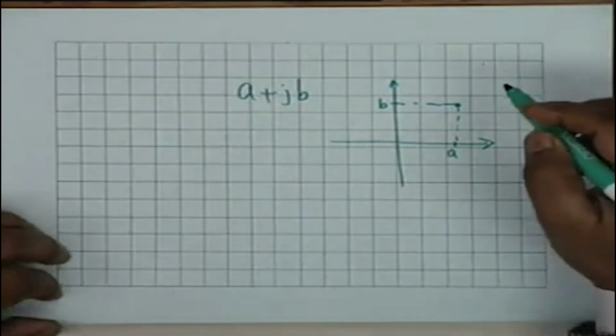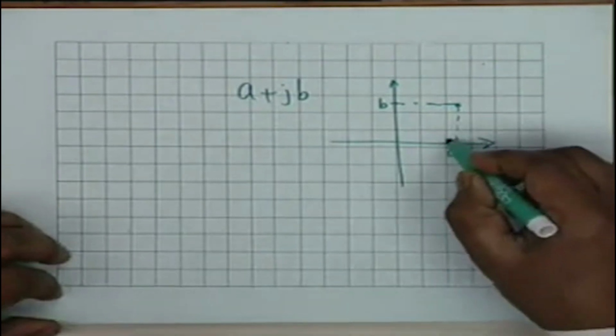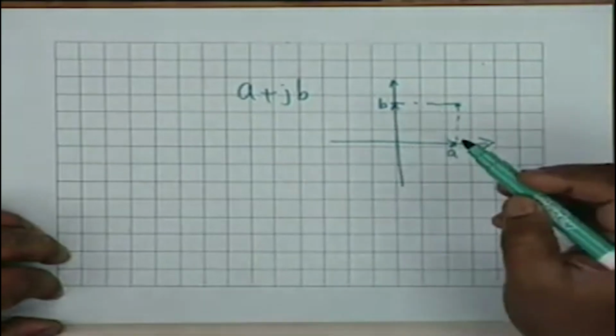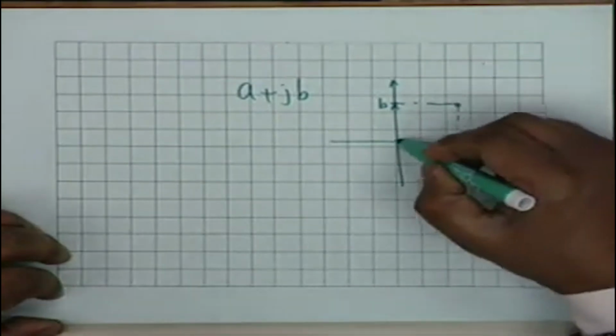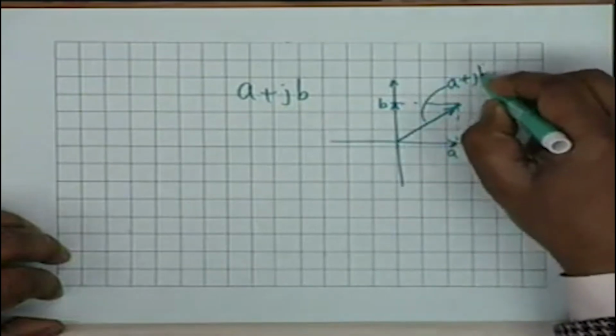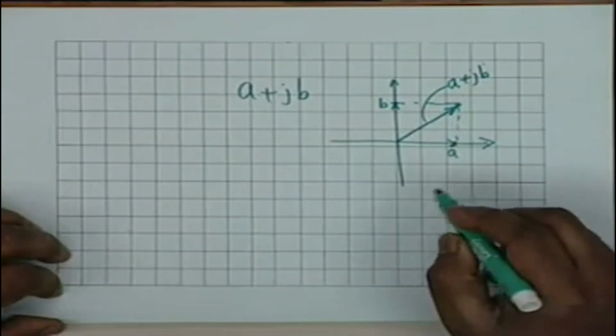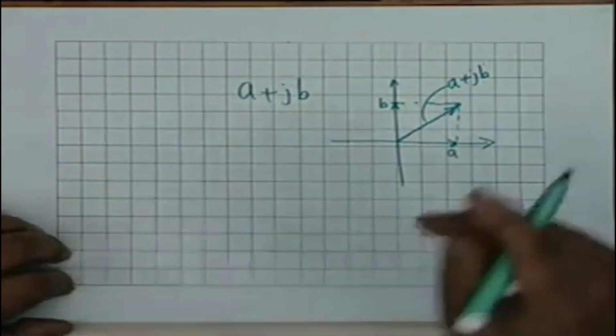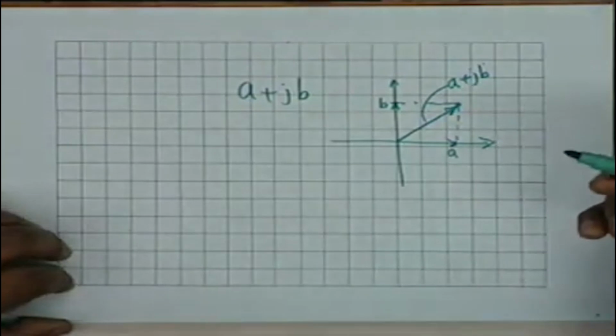Then a plus jb, if a is considered as a vector and jb is considered as a vector in the perpendicular direction, represents this vector. This is very well known to you. You have studied this in high school. Now, this is the rectangular representation.